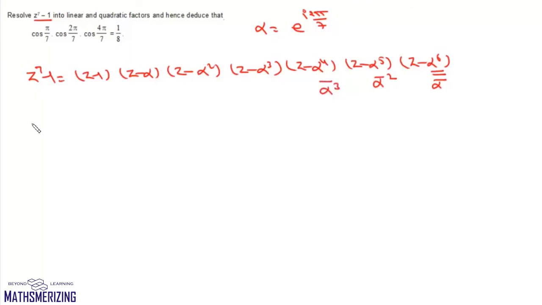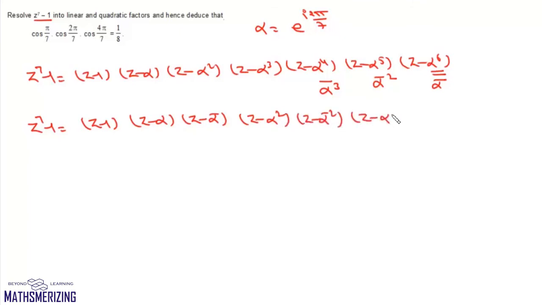So we can write this as z to the power 7 minus 1 equals (z minus 1)(z minus alpha)(z minus alpha bar)(z minus alpha square)(z minus alpha bar square)(z minus alpha cube)(z minus alpha bar cube).